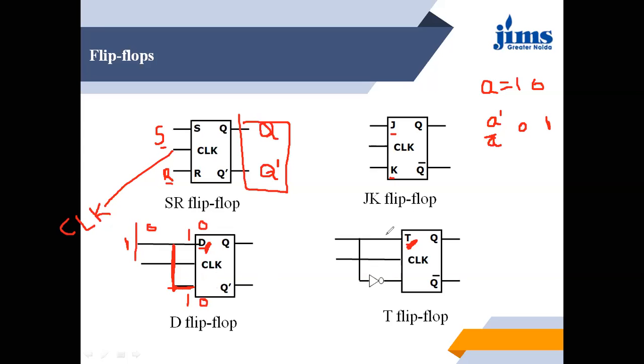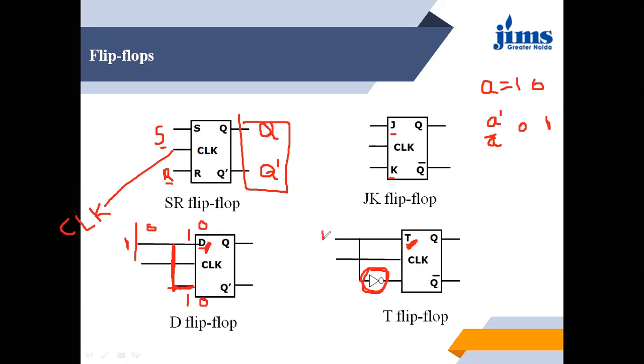But in this case, on the second input, we are giving the reverse value. You can see from here that we use a NOT gate between these two inputs.